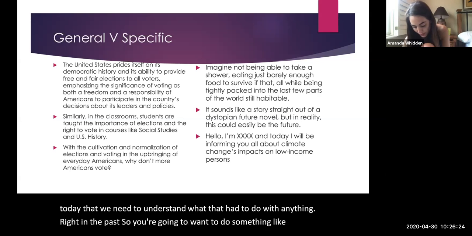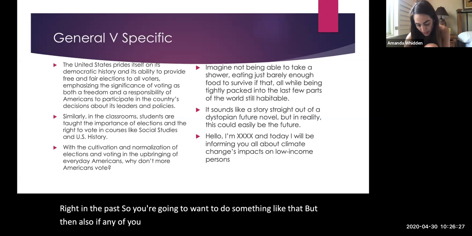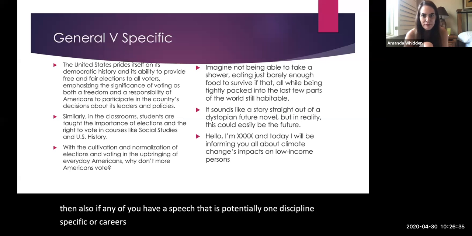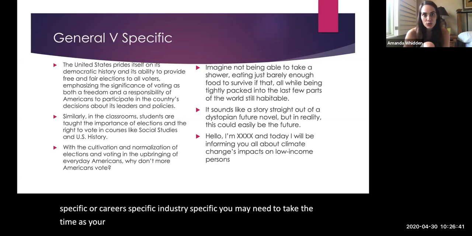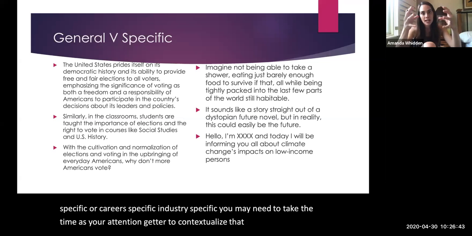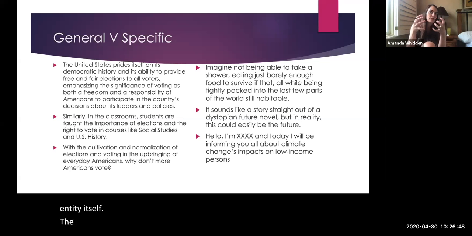But also, if you have a speech that is discipline specific, career specific, or industry specific, you may need to take the time in your attention getter to contextualize it: what it is, the entity itself, the value statement, the reason for it.